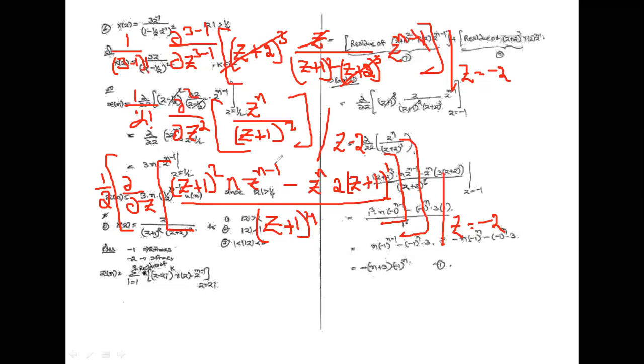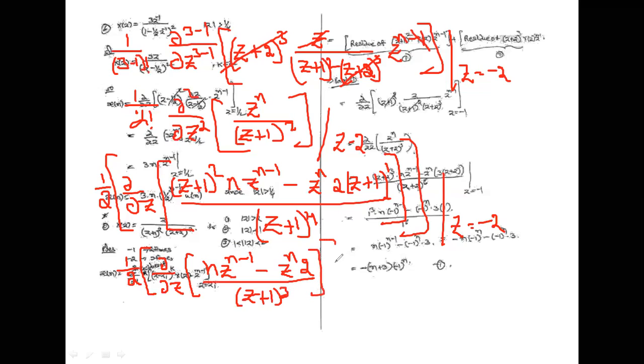And again, you can simplify here. Inside it is simplified 1 by 2, dou by dou z. Take z plus 1, and z plus 1 is common here. In this, z plus 1 whole power 4 is there. So it becomes n into z power n minus 1 minus z power n into 2, whole divided by z plus 1 whole cube.